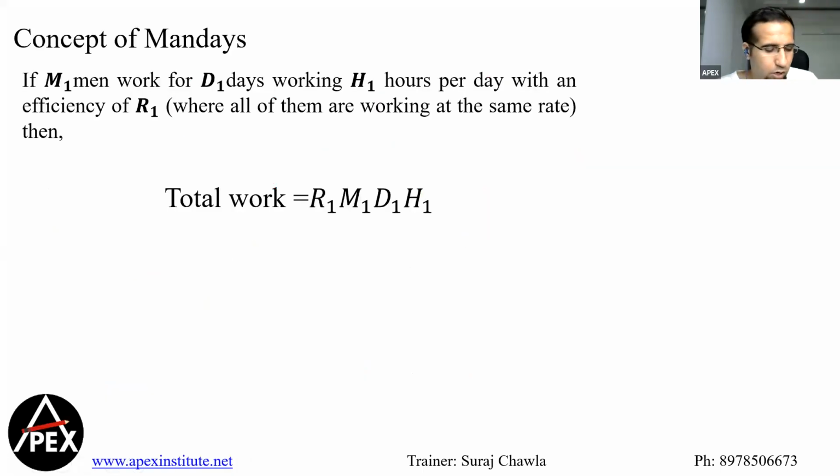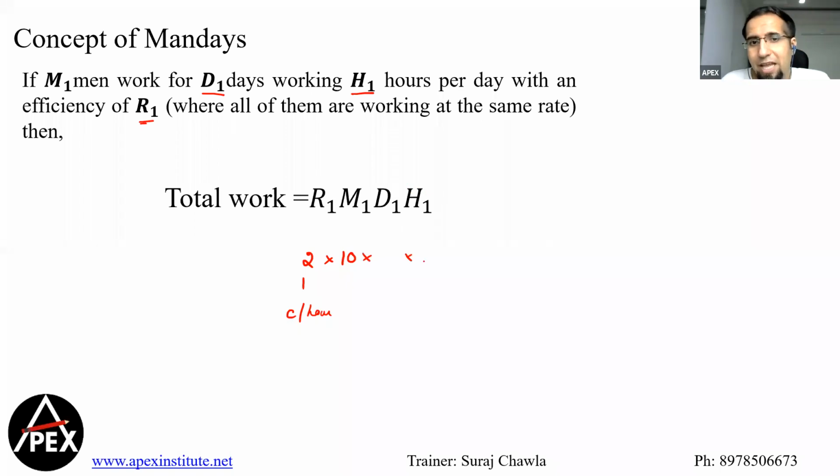Now we learn a new model, guys. If M1 men work for D1 days for H1 hours a day and an efficiency of R1, then I define my total work as M1 D1 H1 R1. Okay. Suppose there are 10 men. Each person is eating 2 chocolates per hour.